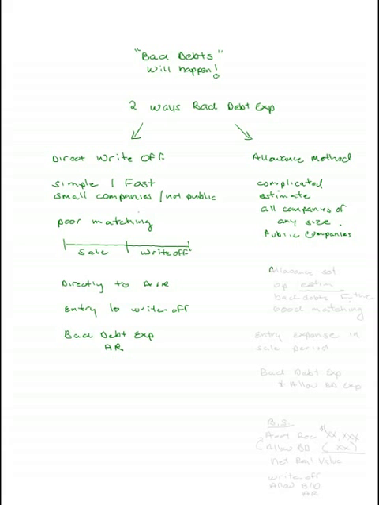What happens is an allowance account is set up, estimating what you think future bad debts will be, and this account is set up timely so that it has good matching.